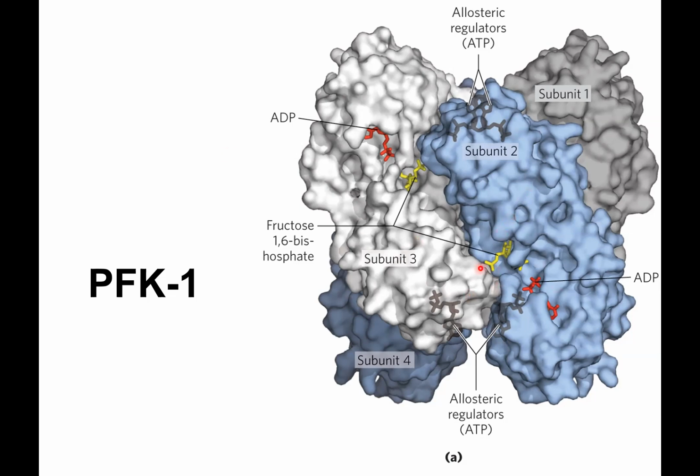So there are plenty of binding sites here for things like ATP, as we said, activating, ADP, inhibitory. We can also see that there are binding sites for fructose 1,6 bisphosphate, which we haven't really talked about. So we're going to keep the focus on our allosteric regulators, ATP and ADP.